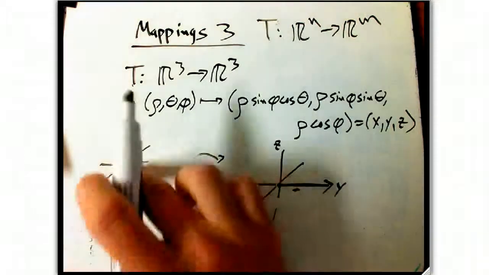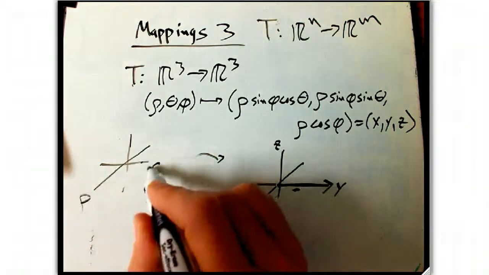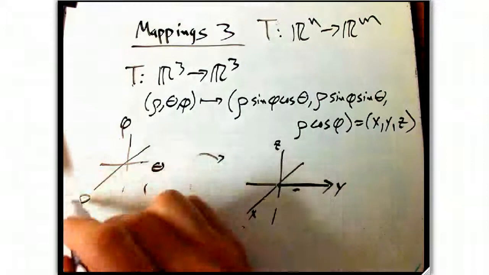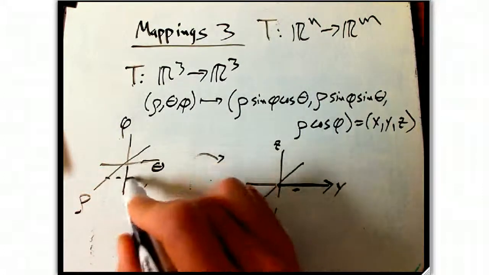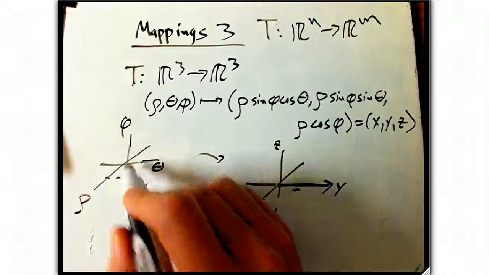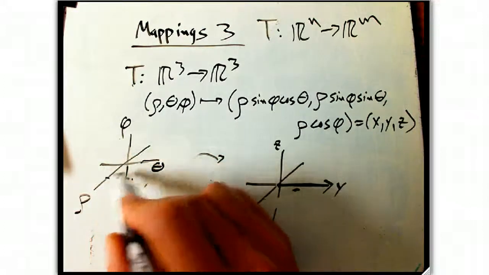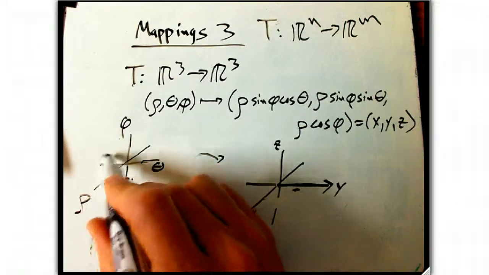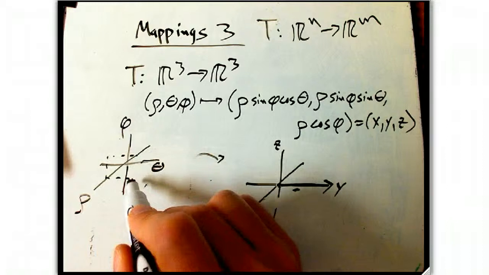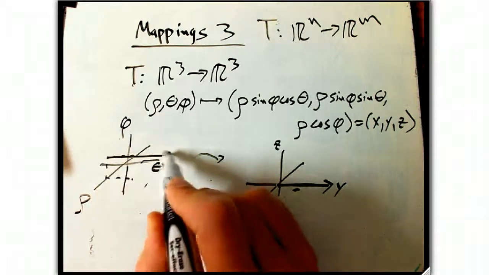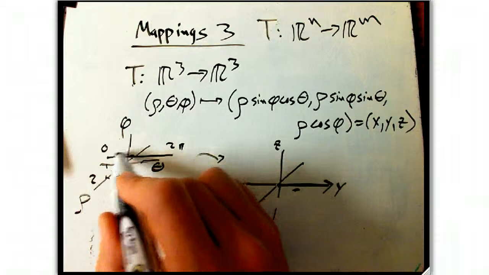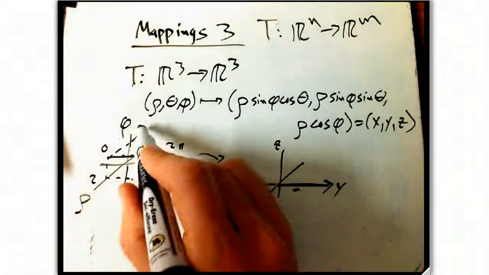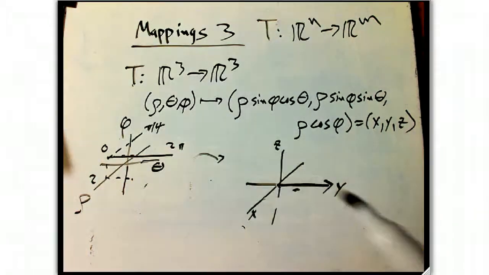Now, it's more interesting if it's not a linear curve, like a straight line. Remember this was rho, theta, and phi, the way I was doing it. If rho and phi are given, and I take theta to be anything from 0 to 2 pi, let's say rho equals 2 and phi equals pi over 4.